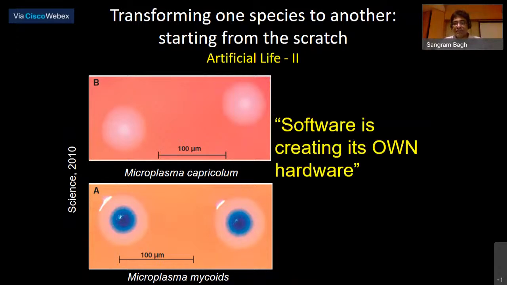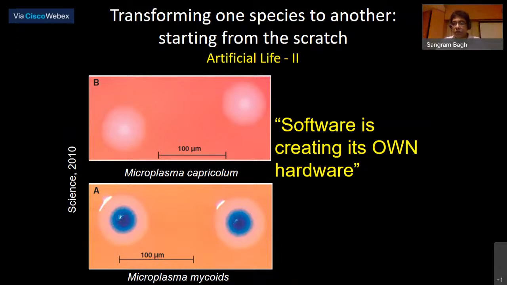So what is the significance? I'd say that the software is creating its own hardware. What does that mean? This is a whole genome, which has the whole information and the programs in it, so that is definitely the software. And it is creating its own hardware, meaning that the whole cell, when you change from one species to another, differs in terms of the composition of the cell wall, the kinds of metabolites, the kind of energy use, and so on.